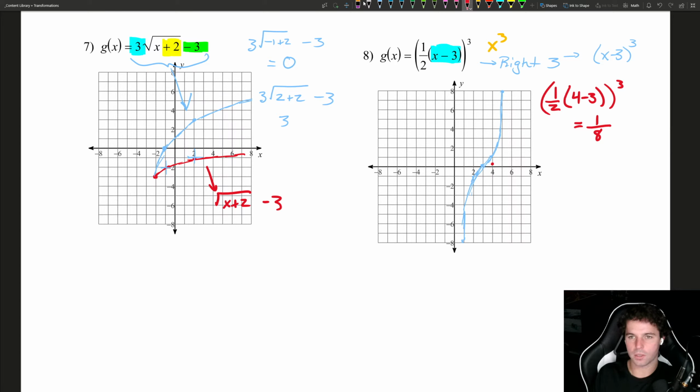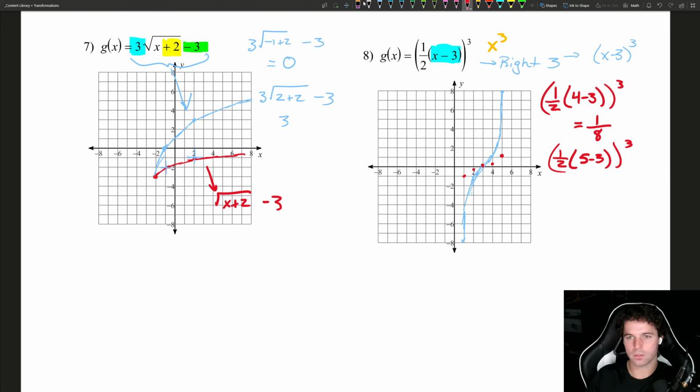You can think of that as 1/8. And then 5. 5 minus 3 is 2. 2 times 1/2 is just 1, and 1 cubed is just 1. If we go on the other side, it's going to be negative 1/8 and negative 1. Then we can plug in 6 and see what happens.